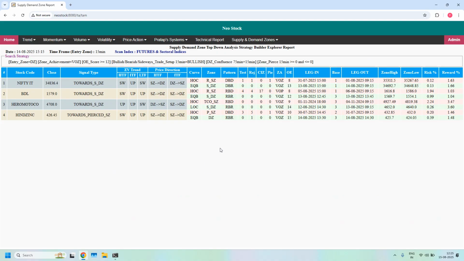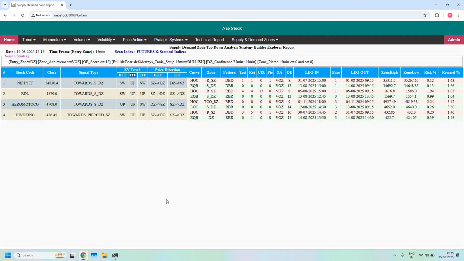In these 4 stocks, these 15 minutes demand zones are overlapped with the 75 minutes demand zone confluence. And the 75 minutes trend, ITF trend, is uptrend in all the stocks.